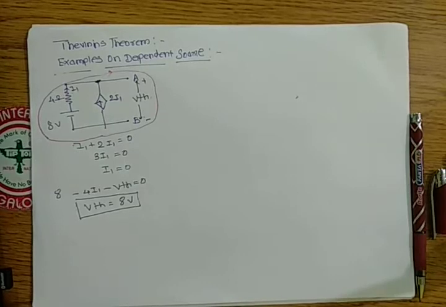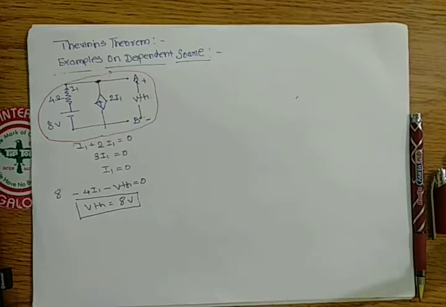Now it is not possible to calculate RTH, because we can't calculate resistance when there is a dependent source.